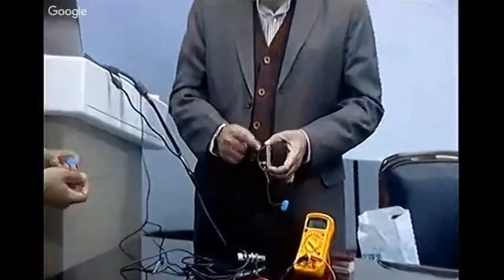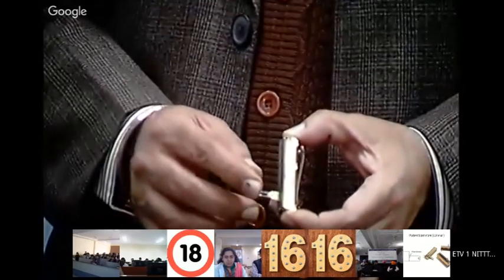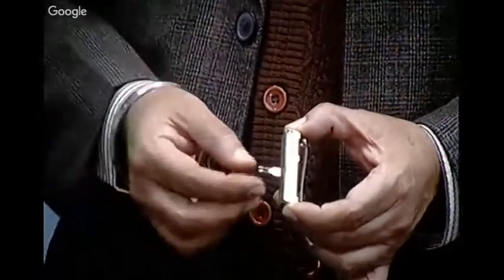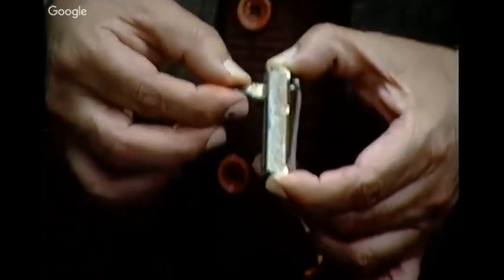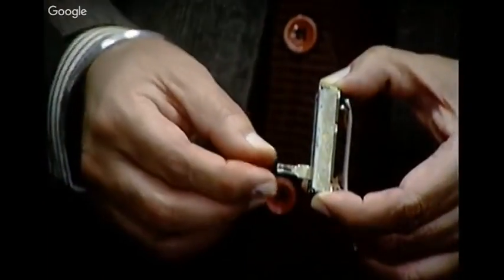So this is a linear potentiometer, and there is a slider which can move. So this mechanical displacement can be converted into a voltage signal. And in case of a rotary, it will be like a screw. There the angular displacement is converted into a voltage signal.